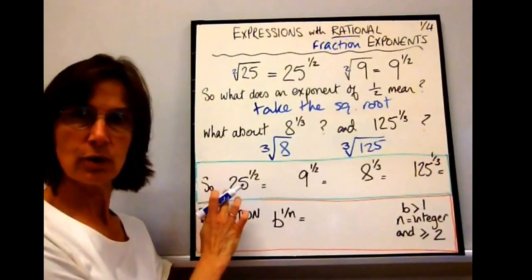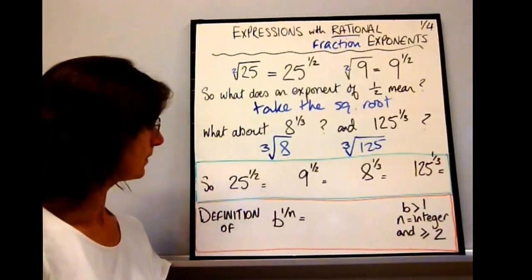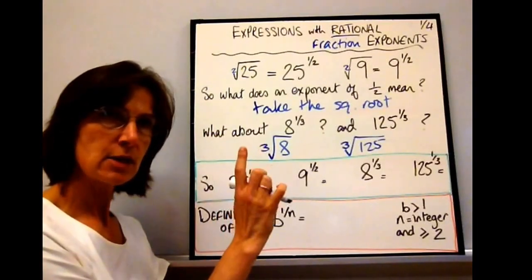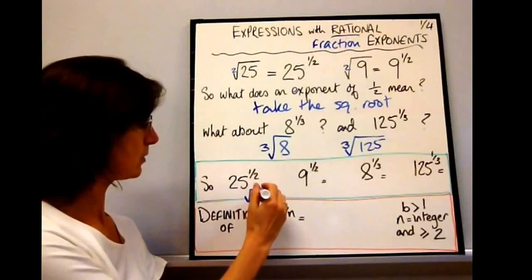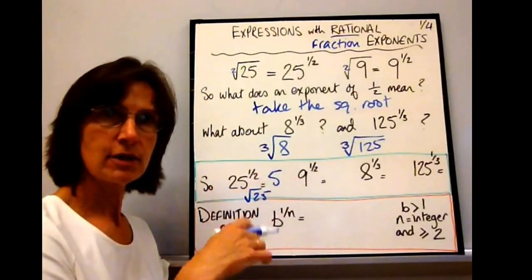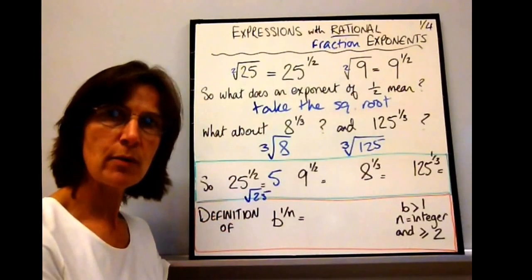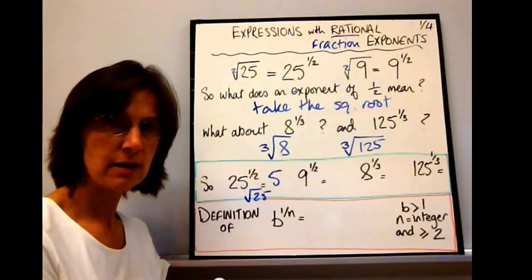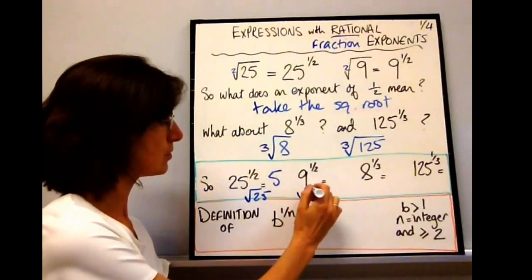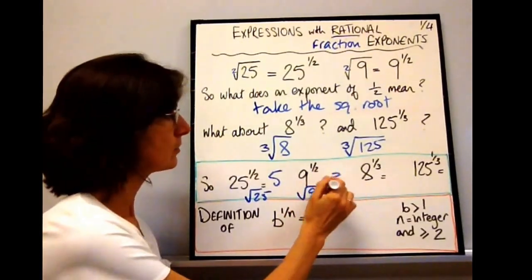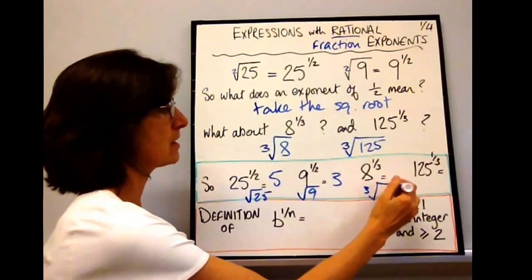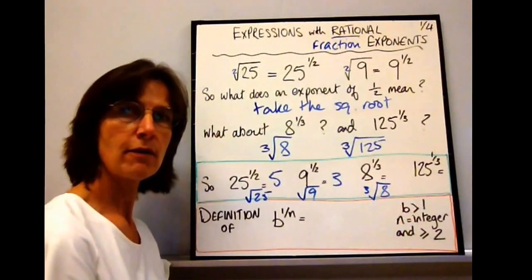So we can go through and actually put some number answers here, can't we? 25 to the 1/2 power. So I say to myself, okay, that's the same as the square root of 25, 5. And for the time being, we're just thinking about principal square roots, the positive answer, okay? 9 to the 1/2 power, same as the square root of 9, 3. 8 to the 1/3 power, what is the cube root of 8?